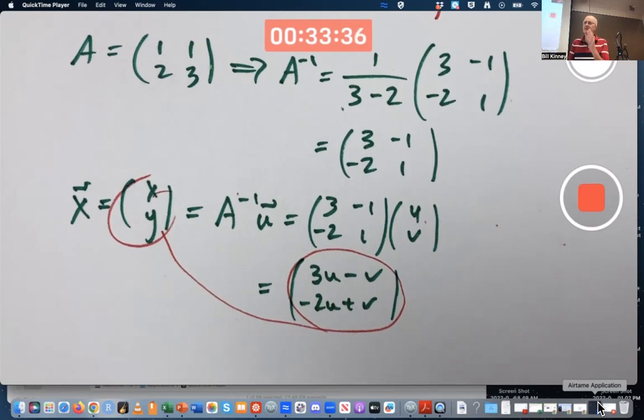In fact, technology even has trouble once you're at like 20 by 20 or bigger. Technology really bogs down. There's a branch of numerical analysis, called numerical linear algebra, that delves into trying to solve really big systems of equations, like with hundreds of variables and hundreds of unknowns, which do come up in industrial applications.